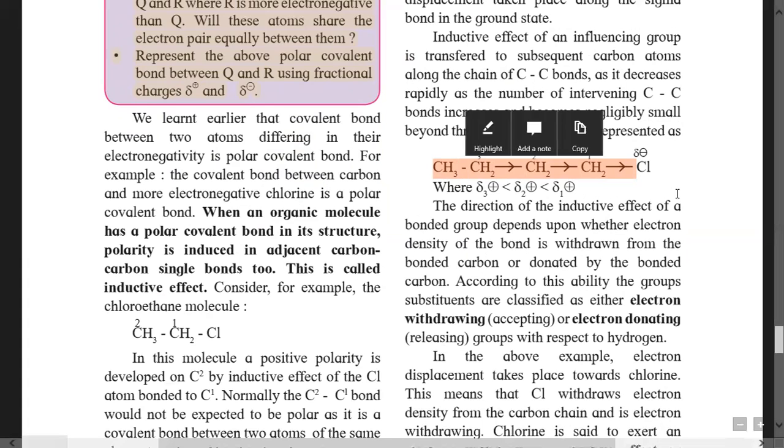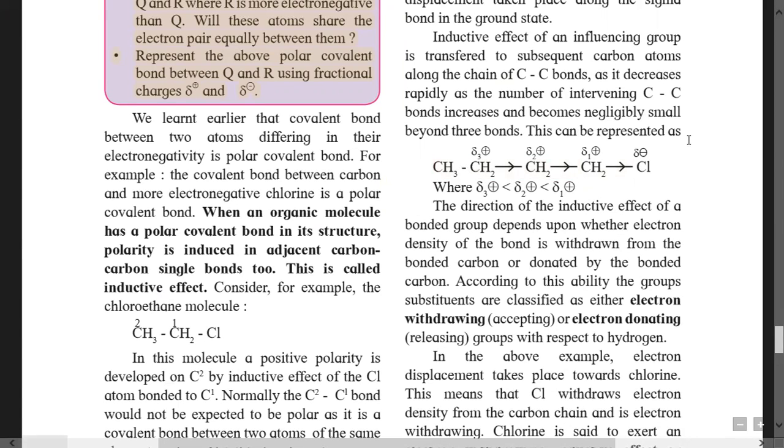Here there are 4 carbon atoms: carbon 1 is bonded to chlorine, then carbon 1, carbon 2, carbon 3 and carbon 4. We had already studied that the bond between chlorine and carbon is polar due to electronegativity difference, and therefore chlorine possesses delta negative charge and carbon 1 possesses delta positive charge.